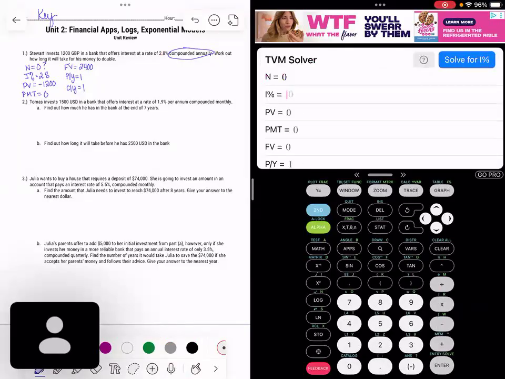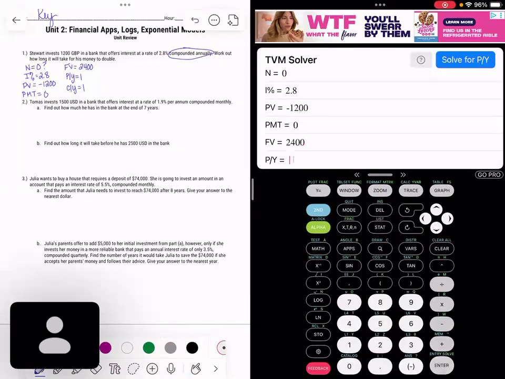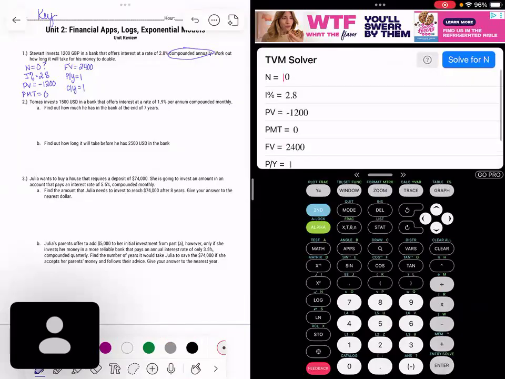I'm just going to put 0 in there for now, negative 1,200 for present value, 0 for payment, 2,400, 1 it looks like it's at. And then I'm going to go back up to N, and I'm going to do alpha enter to get that to solve.